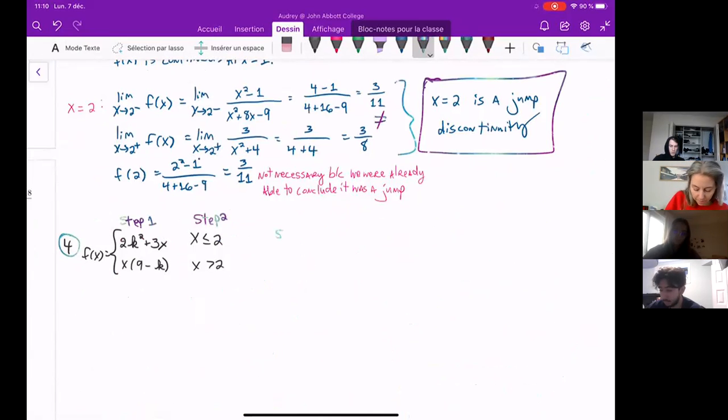In my step 1, is there any possible division by 0? No. So there's no possible division by 0. And what that means in this case is that there isn't a step 3.